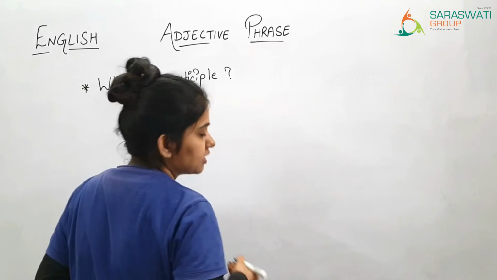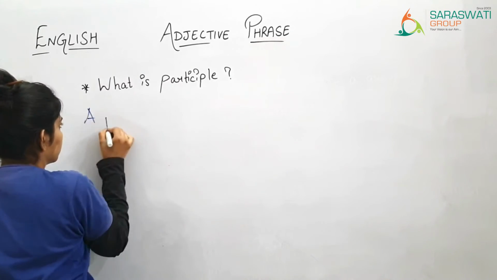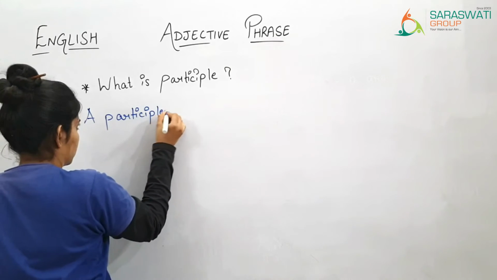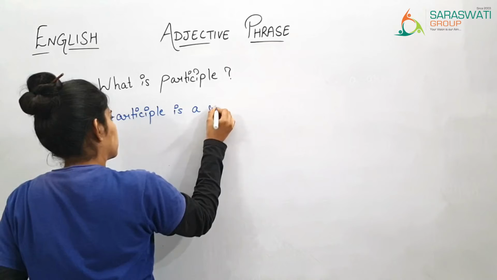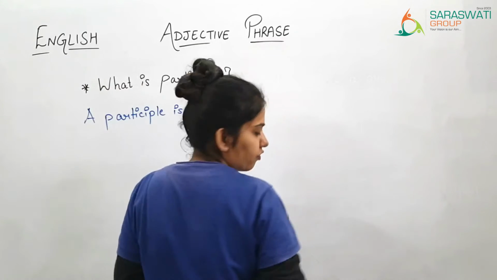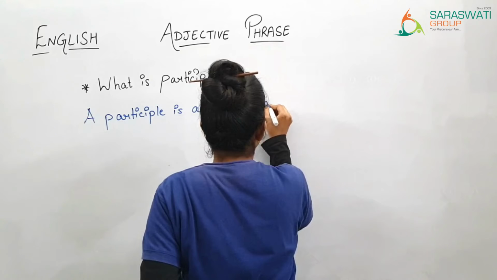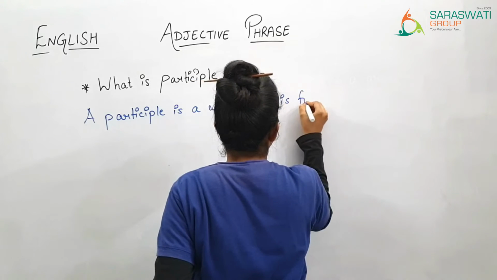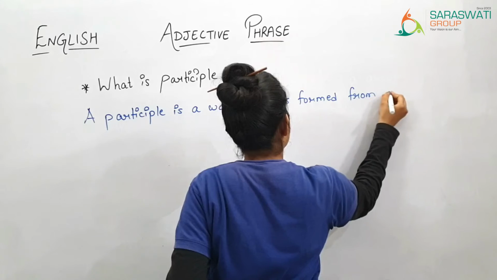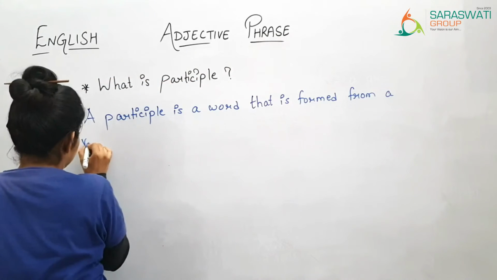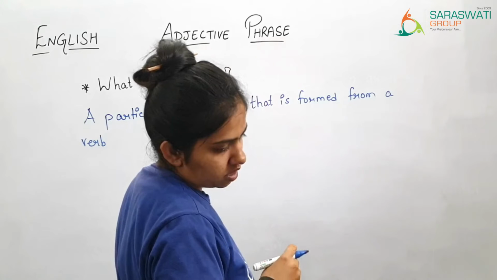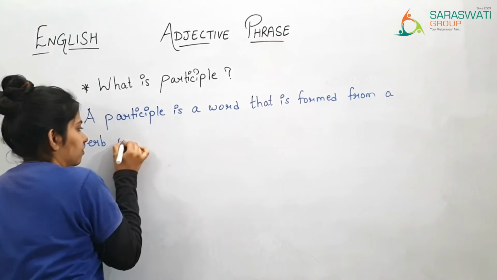A participle is a word that is formed from a verb which works as an adjective.